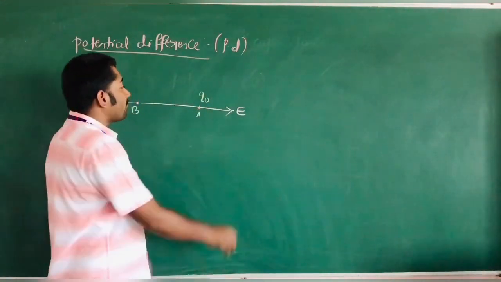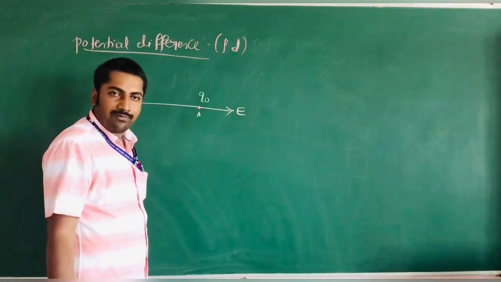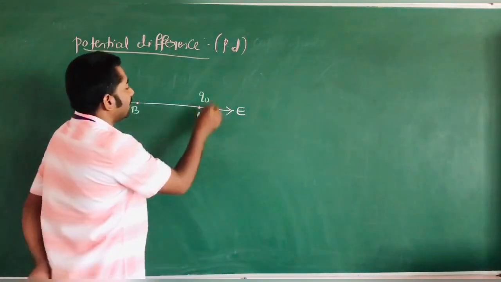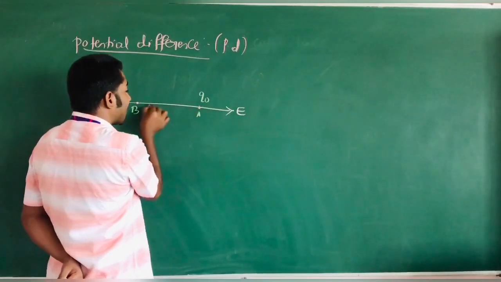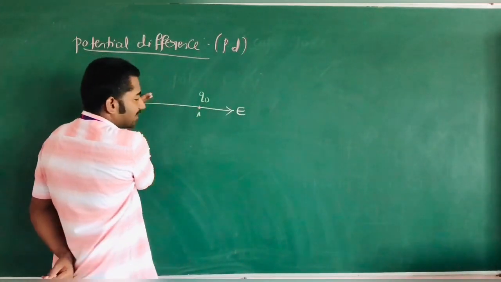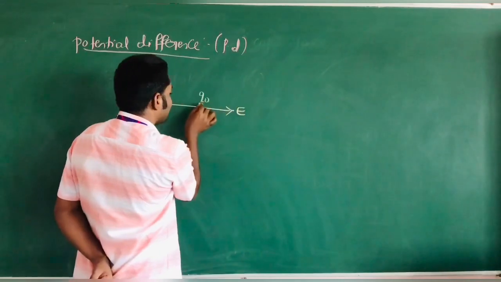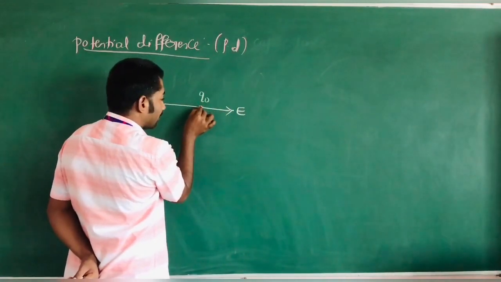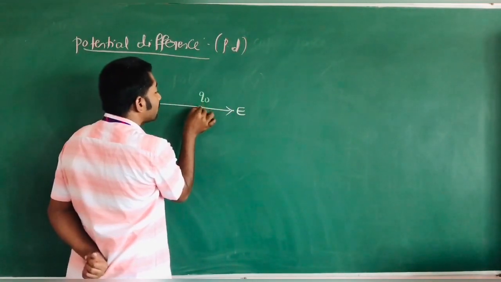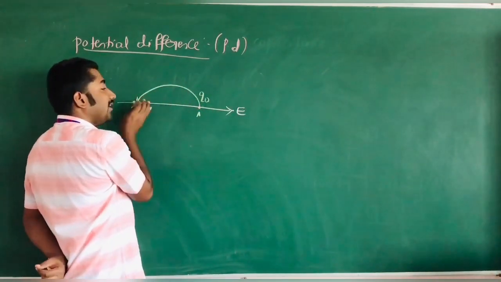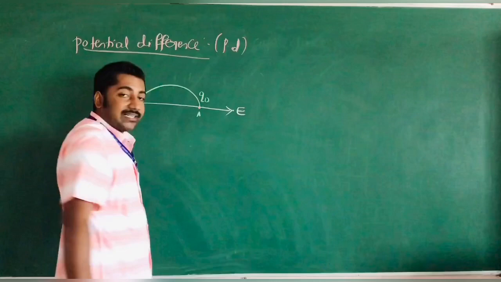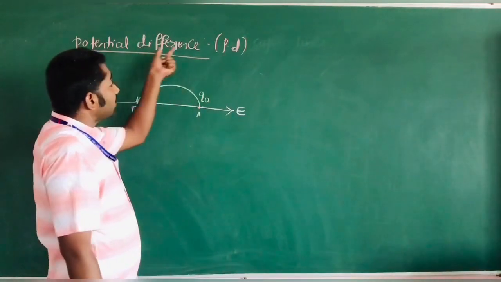The amount of work done in bringing a unit positive charge from point A to B against the direction of the electric field, which is the direction shown here, is called potential difference.